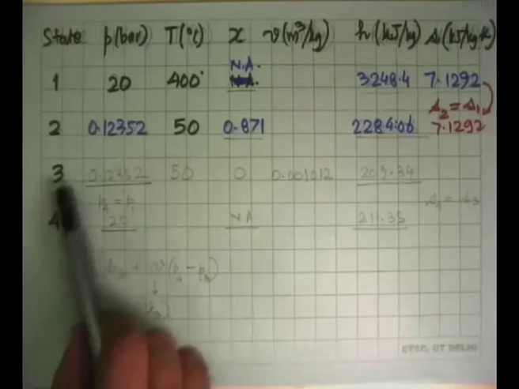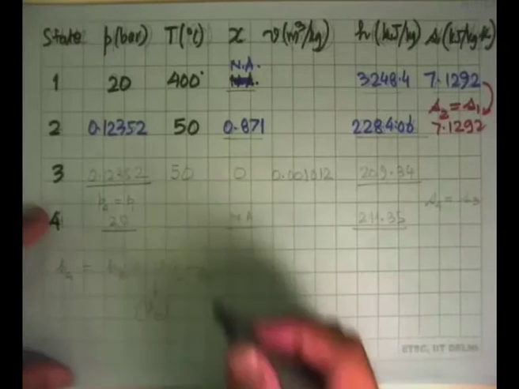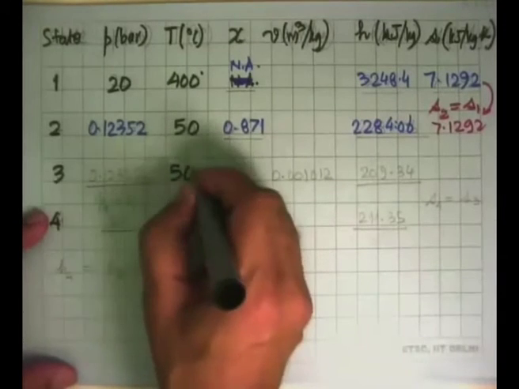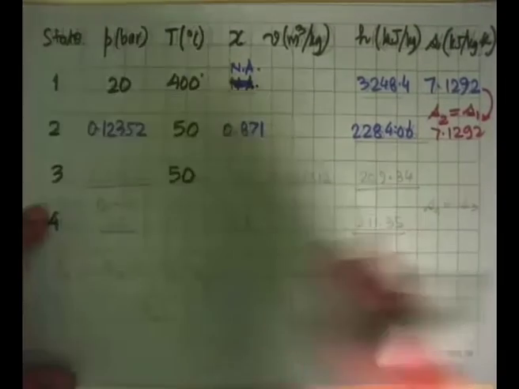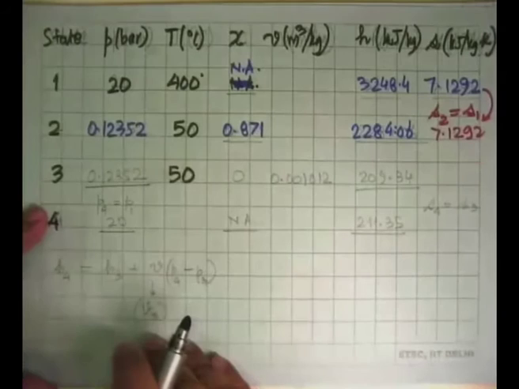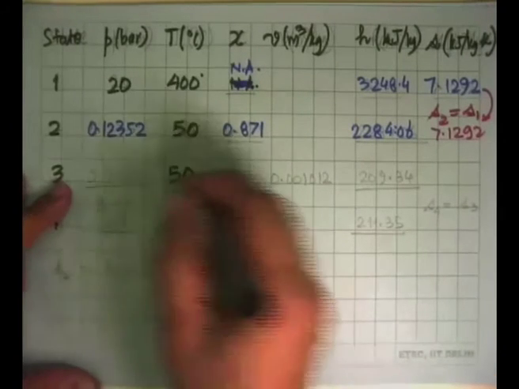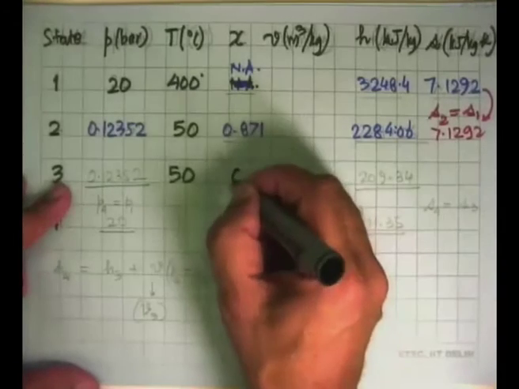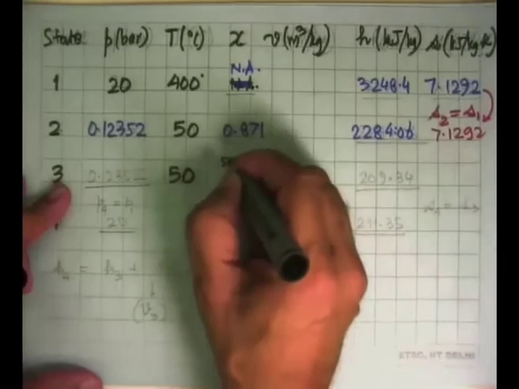The next thing is what happens at state 3. We are told that it is completely condensed and becomes saturated liquid. Cooling is a constant temperature, constant pressure process. In this case it is saturated state. So wet substance going in, condensing, this is a constant temperature process. It will go to saturated liquid. That means X is equal to 0. So this is saturated liquid.